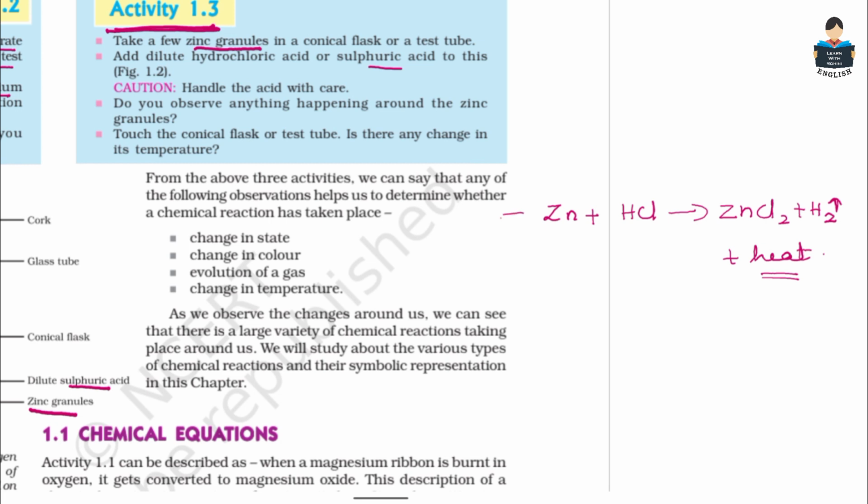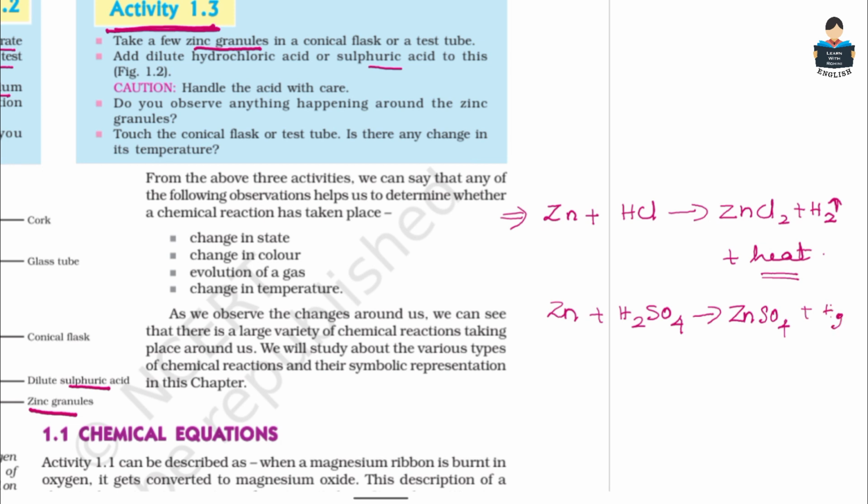Here we can write two equations: zinc reacts with HCl and forms zinc chloride and hydrogen gas, and when zinc reacts with H2SO4, that is sulfuric acid, we get zinc sulfate, ZnSO4, plus H2.